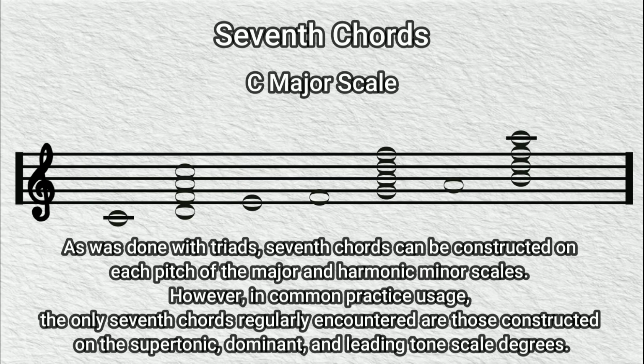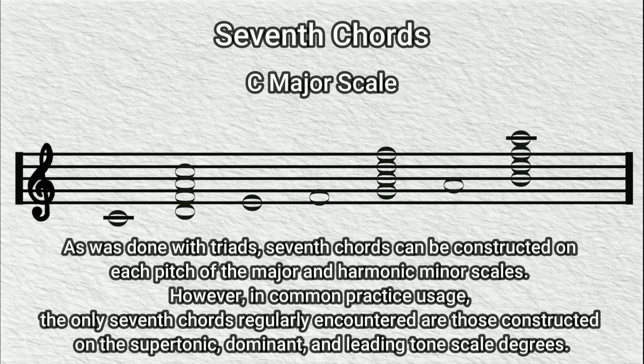As was done with triads, 7th chords can be constructed on each pitch of the major and harmonic minor scales. However, in common practice usage, the only 7th chords regularly encountered are those constructed on the supertonic, dominant, and leading tone scale degrees. Let's look at the C major scale.